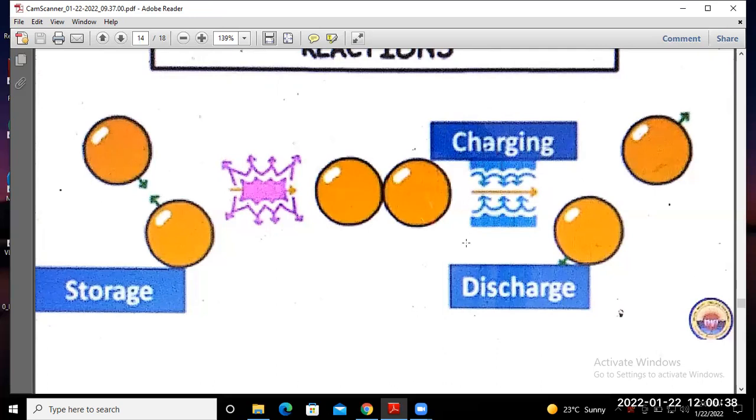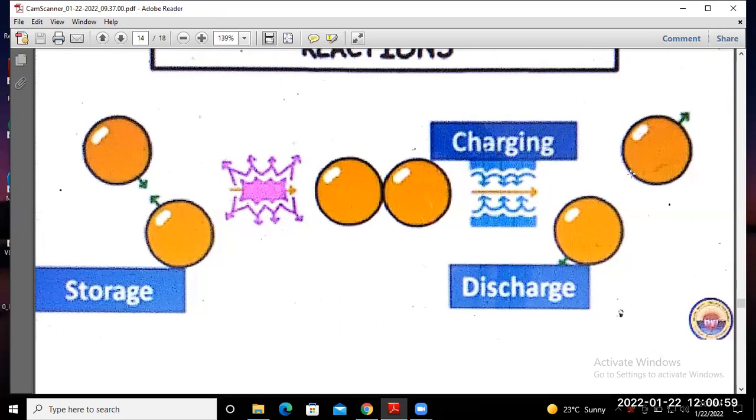And during the discharging period, this combined molecule breaks out in this form and separates into one molecule and another molecule. So this separation takes place during the discharging period.